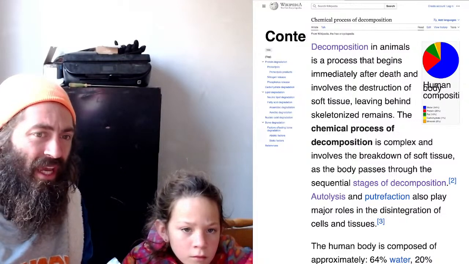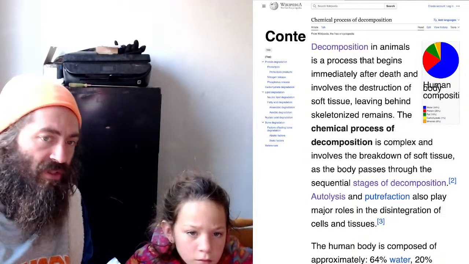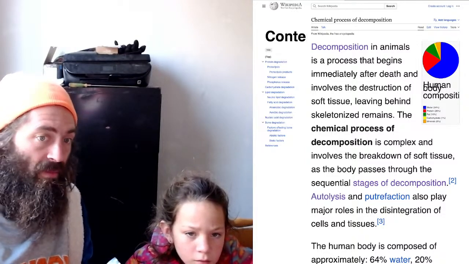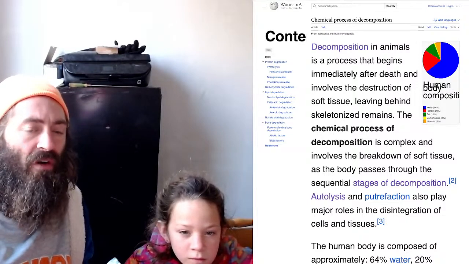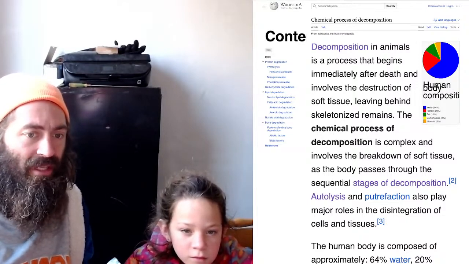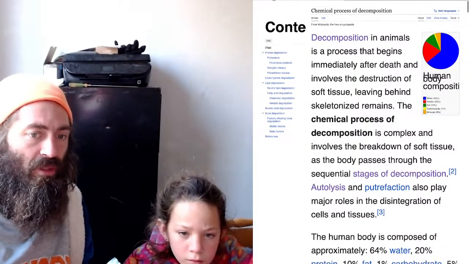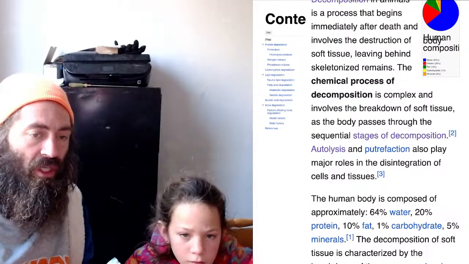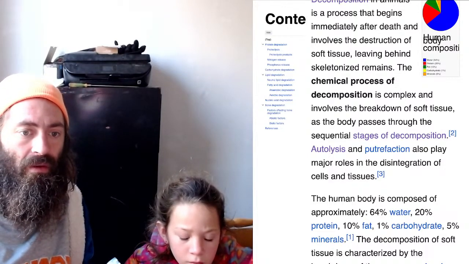So, decomposition in animals is a process that begins immediately after death and involves the destruction of soft tissue, leaving behind skeletonized remains. The chemical process of decomposition is complex and involves the breakdown of soft tissue as the body passes through sequential stages of decomposition. Autolysis and putrefaction also play major roles in the disintegration of cells and tissues.